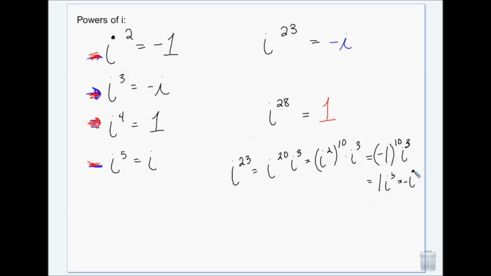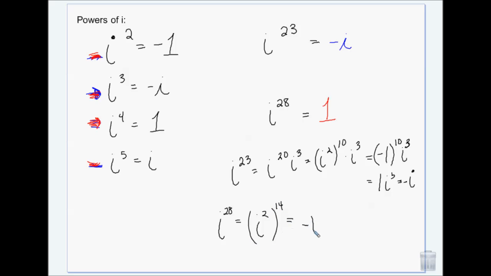So you can break it that way too. i to the 28th, that's i squared to the 14th.